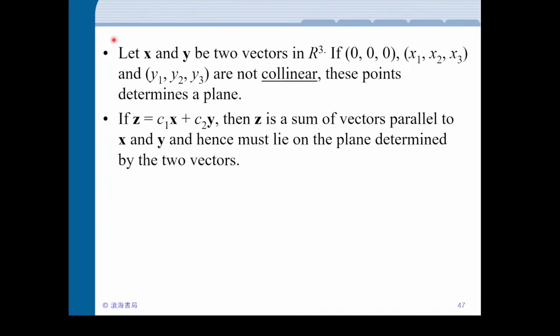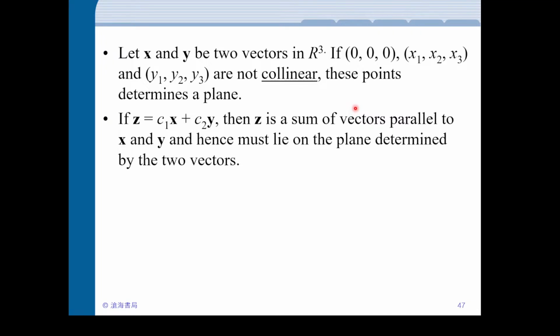Okay, now let's go back to seeing a bit more about the geometric property of a span. Let's go back to R3, so it's easier to visualize. If we have x, y being two vectors in R3, we can think about their span.